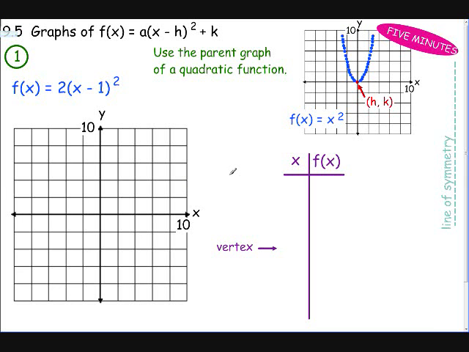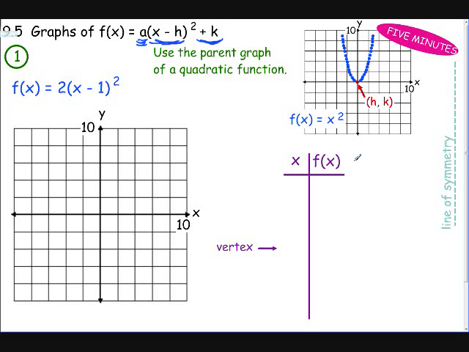The graph of f of x equals some multiplier times a squaring operation, which has my input, and then it's shifted horizontally, and then perhaps we have a shift vertically.